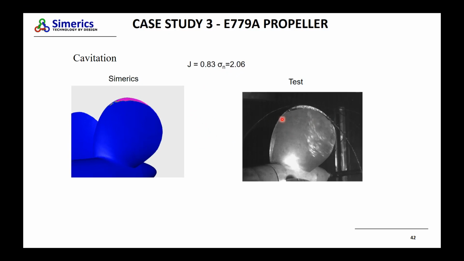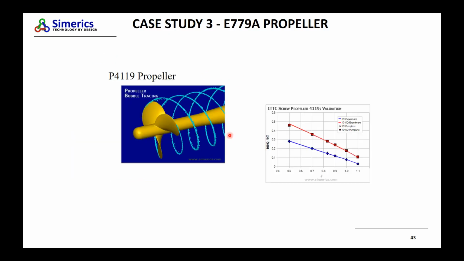Finally, at the highest J and sigma, we capture the smallest bubble, and the test shows something similar as well. I also put in here a nice bubble tracing animation of how this bubble or this flow happens.